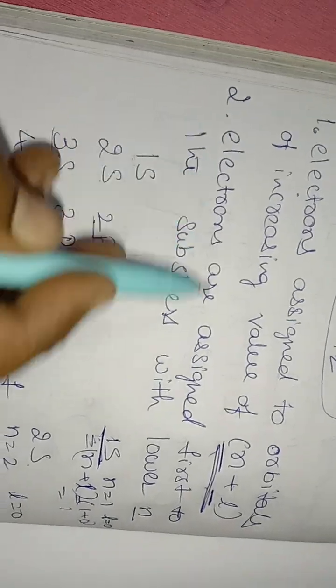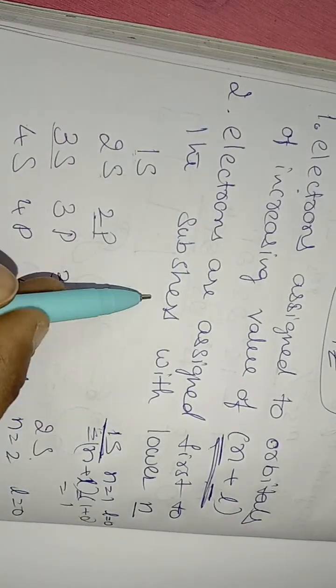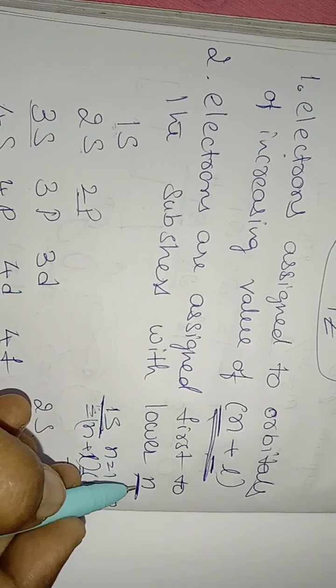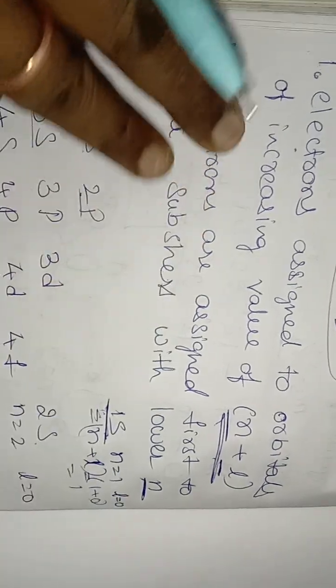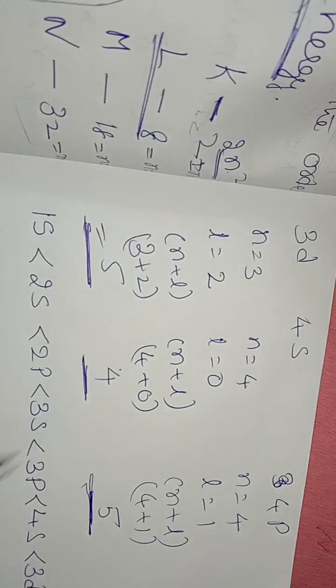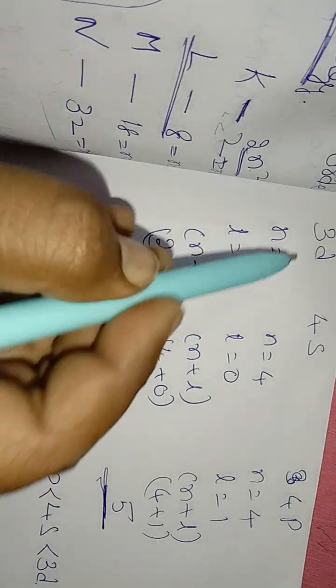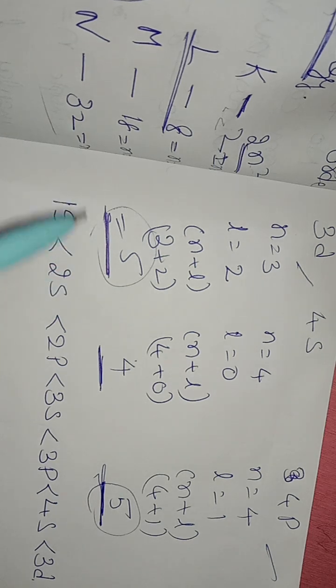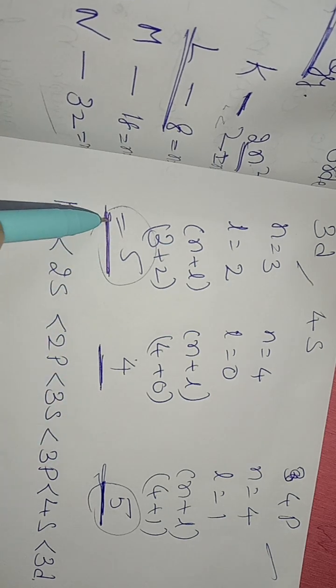What is our second rule saying? Electrons are assigned first to the subshells with lower n value. Here we have to consider the n value. Which one has the lower n value? That one will be occupied first. So if 3d and 4p have the same energy level, then the electron comes to 3d only.